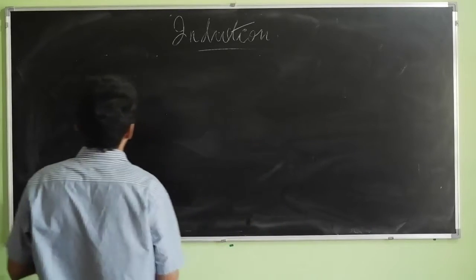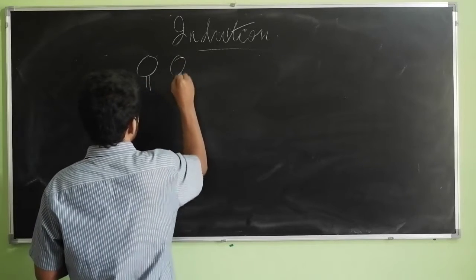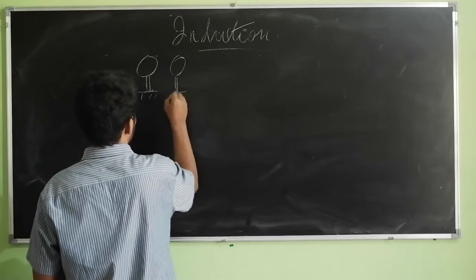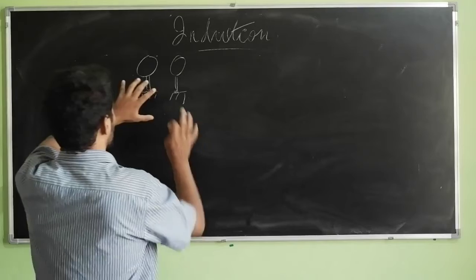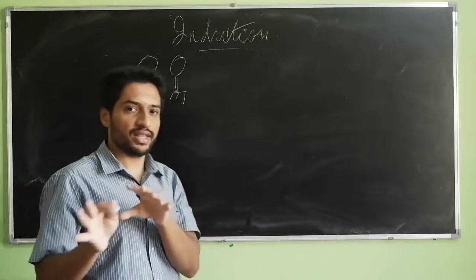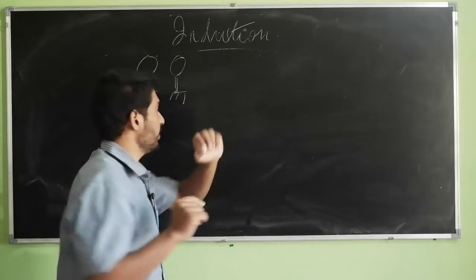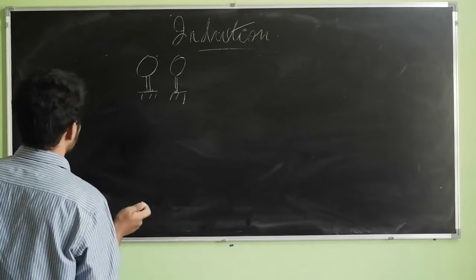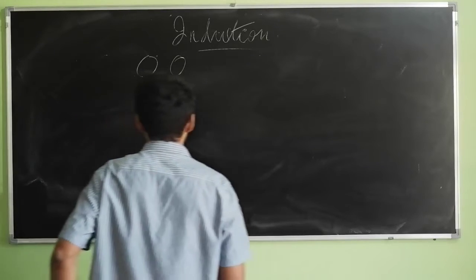Let's say we have two metal balls on insulators, and we'll charge both of these balls with opposite charges, both positive and negative, without touching them. That's the magic of induction. We charge at a distance, which is why it is known as action at a distance.